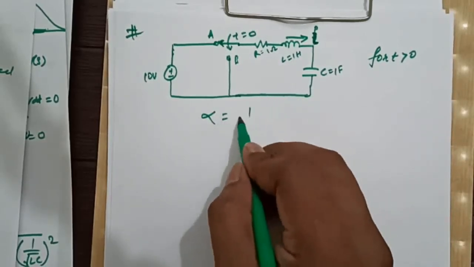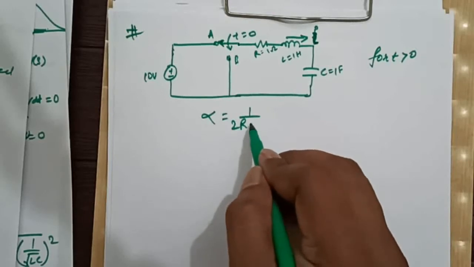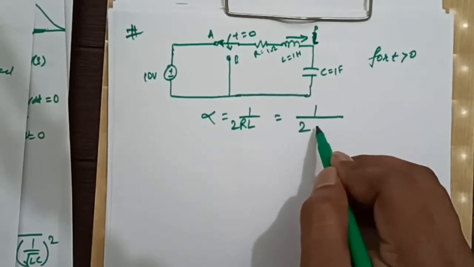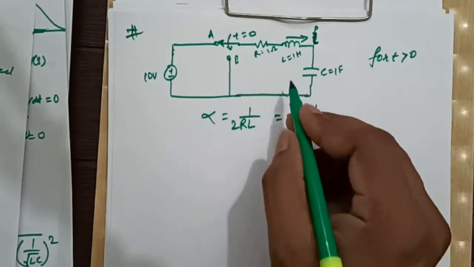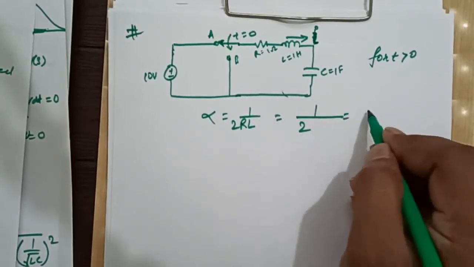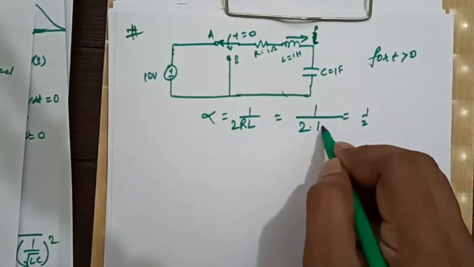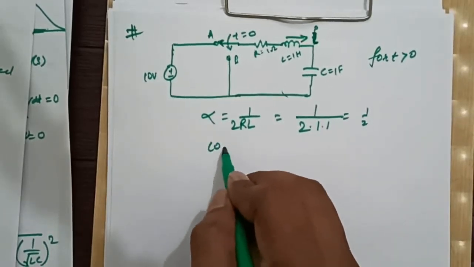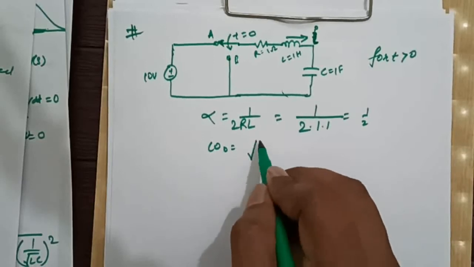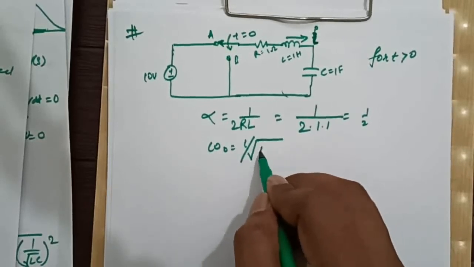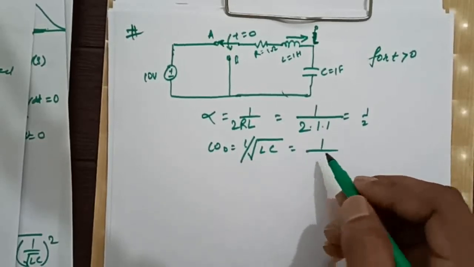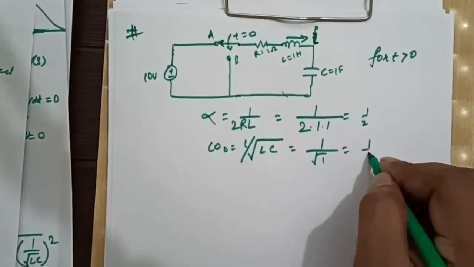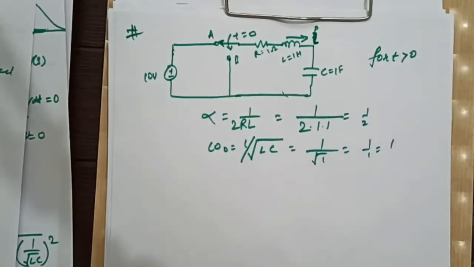Since alpha is equal to R by 2L, putting the values, R is 1 and L is 1, so 1 by 2 is alpha, and omega naught is 1 by root LC, means 1 by root of 1, which is nothing but 1, right?